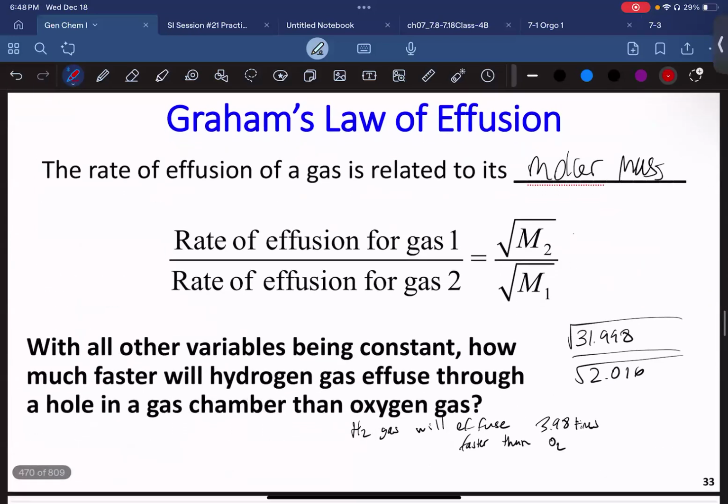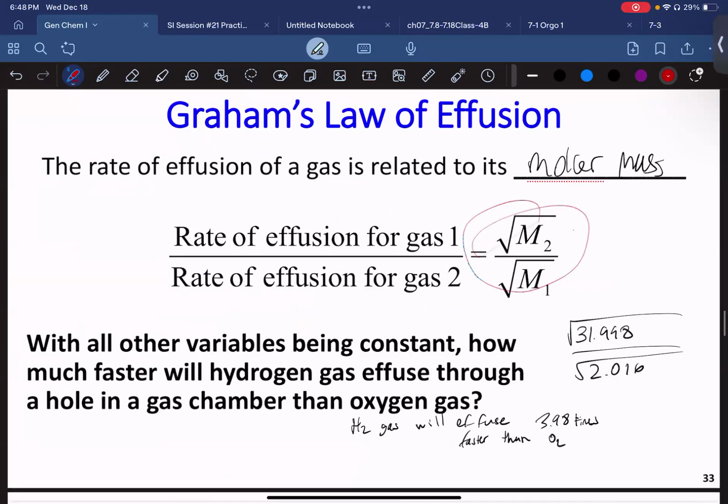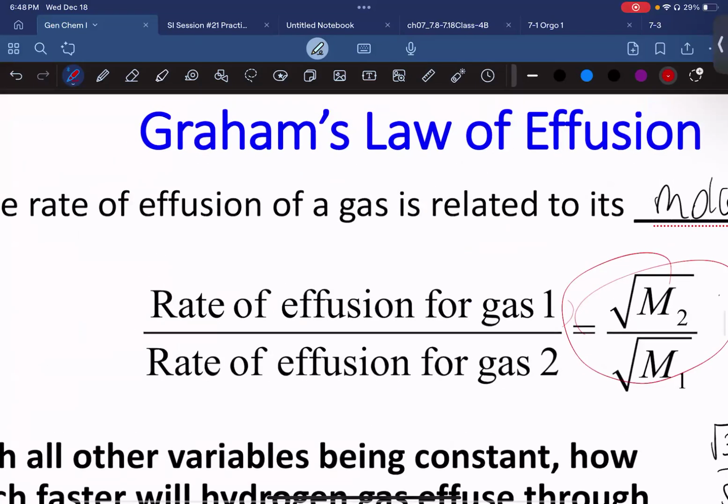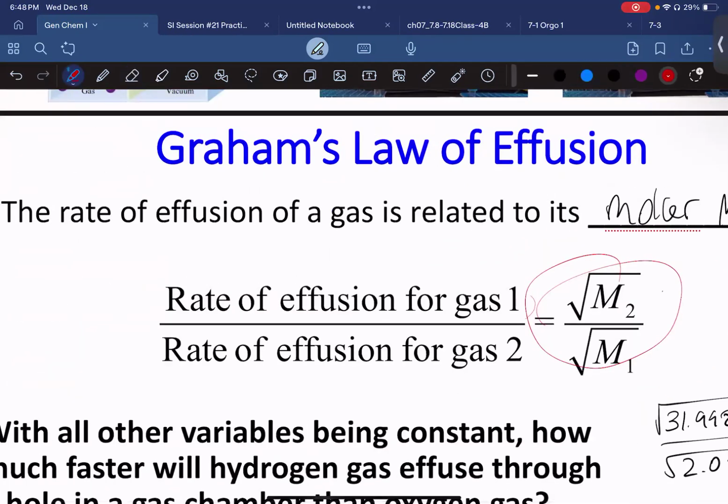This whole thing is taking the molar mass and relating it to another gas. What this actually solves for is the rate of effusion in comparison to another rate of effusion, right? You can be intuitive with this.